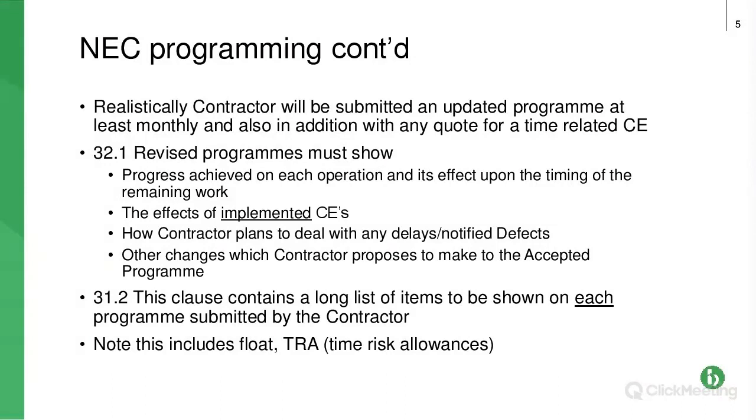So progress achieved on each operation and its effect upon the timing of the remaining work. So I think the first part of that would be obvious. Not sure about the second part, so the effect upon the timing of the remaining work.